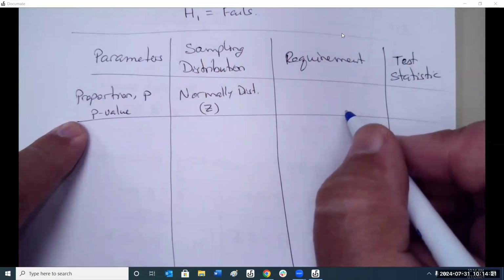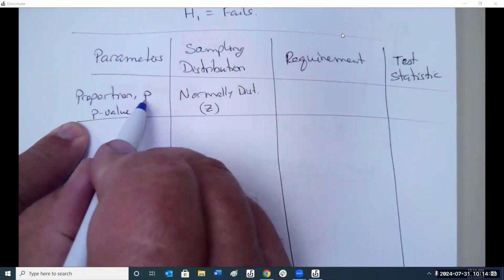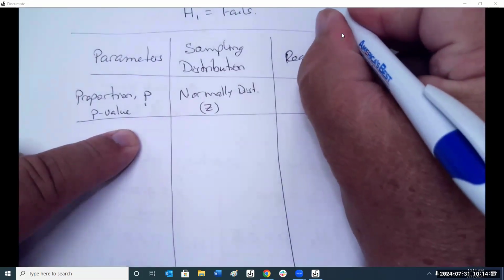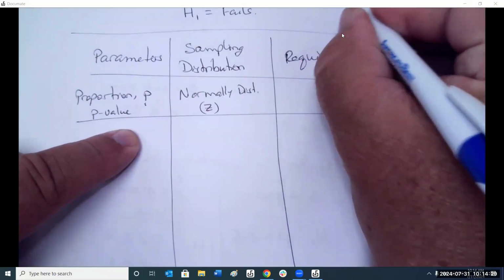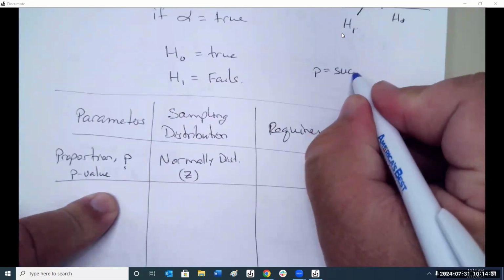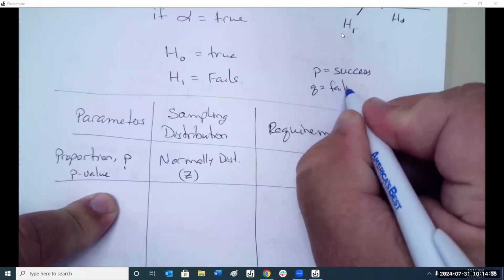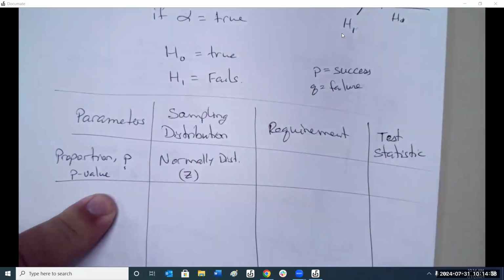So what are the requirements for this? Since we're using proportion, we have P for success, and Q is failure, or not success.